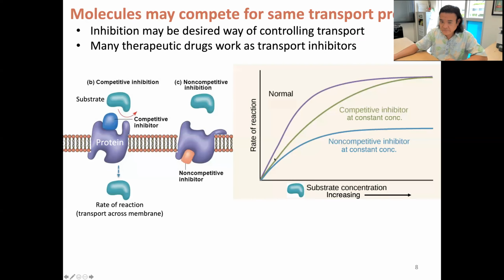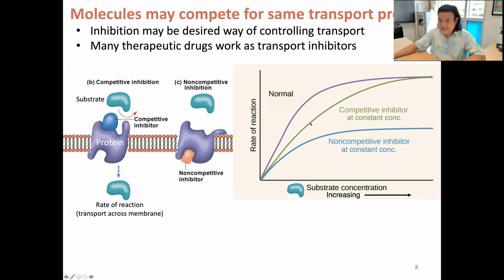So what you would see is, from the very start, the rate of reaction of being able to move the light blue molecule is already inhibited, because you have this dark blue competitive molecule competing for the same binding site on the protein.